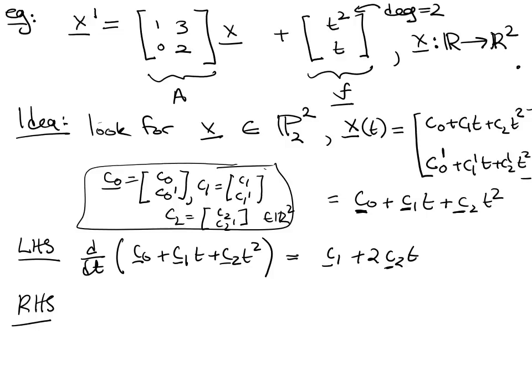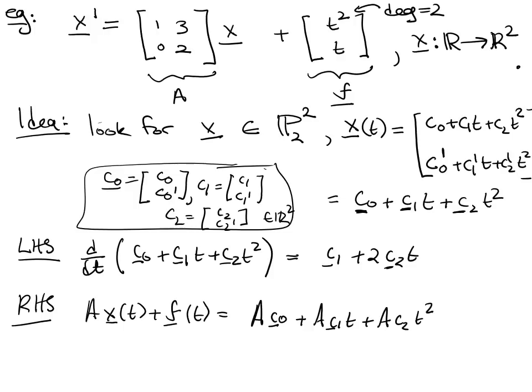Well, the right hand side is going to be ax of t plus this f of t. And so that's going to be a c0 plus a c1t plus a c2t squared plus f.